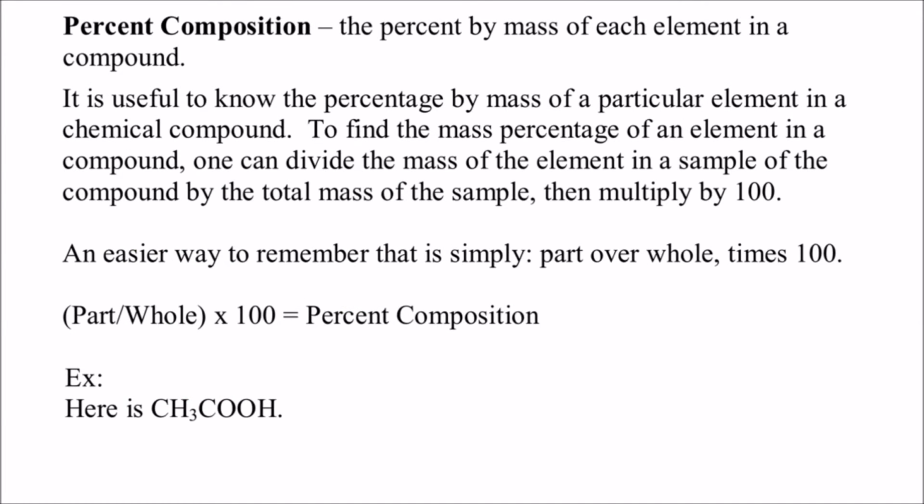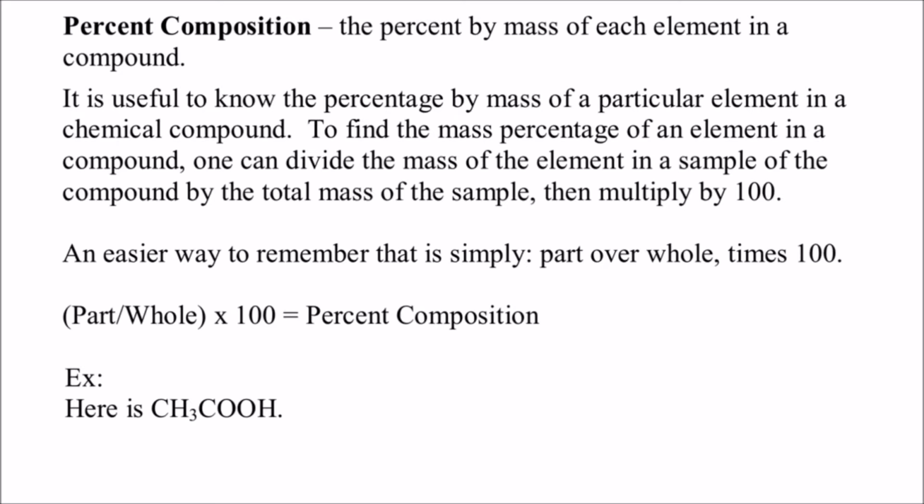Okay, let's talk about percent composition. This is the percent by mass of each element within a compound. It's pretty good to know the percent by mass of a particular compound because this allows us to do some other useful calculations in the future.